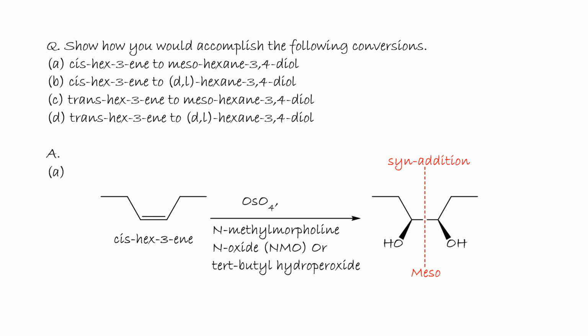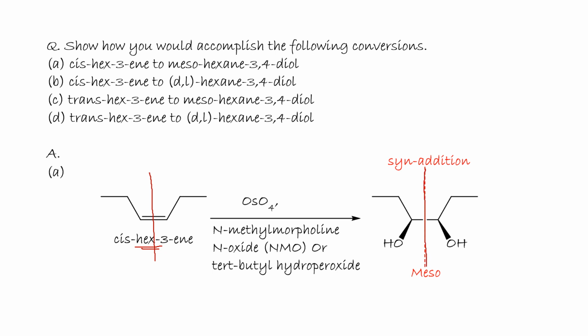Show how you would accomplish the following conversions. Cis-hex-3-ene to meso-hexane-3,4-diol. You start with cis, which has a plane of symmetry. You have to reach meso, which has a plane of symmetry.